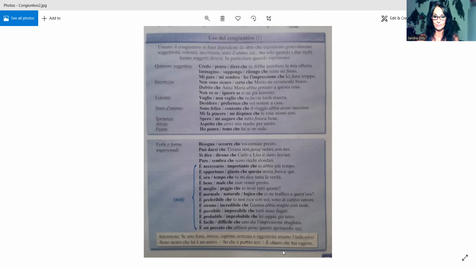However, this one is saying it is clear, it is obvious that you are right. Oh, it's nice to hear somebody telling you that. So these are some examples of when not to use congiuntivo or subjunctive.